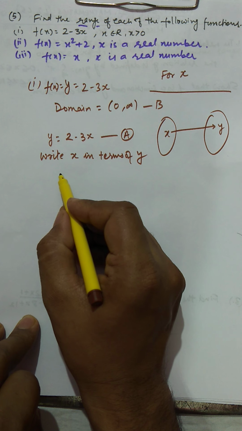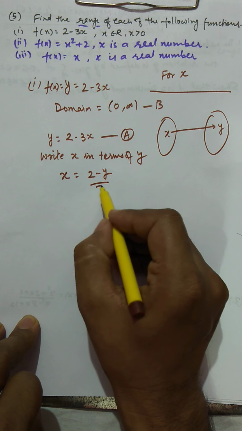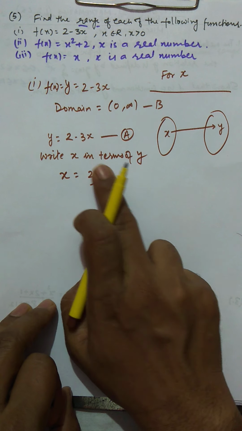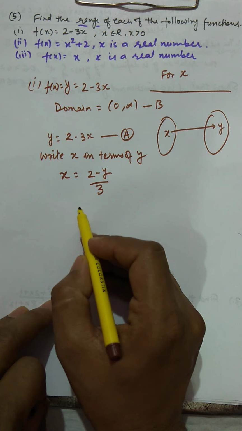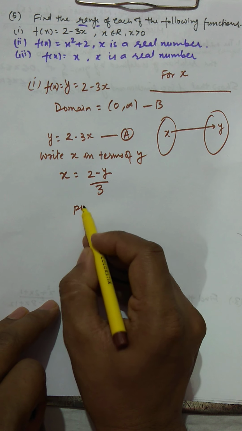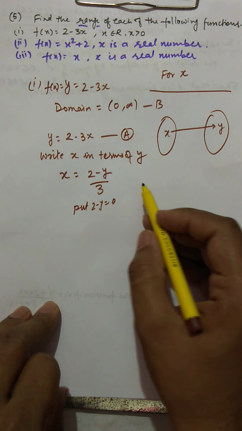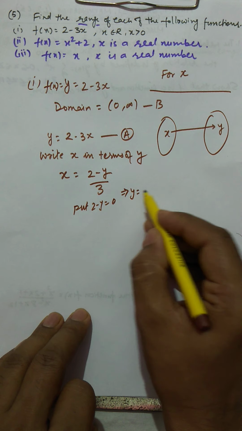So this will become x equal to (2 minus y) upon 3. You can see one linear factor for y, this is 2 minus y. Put 2 minus y equal to 0, and you are going to get y equal to 2.